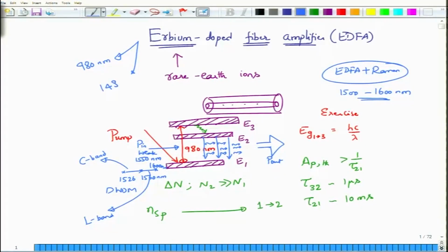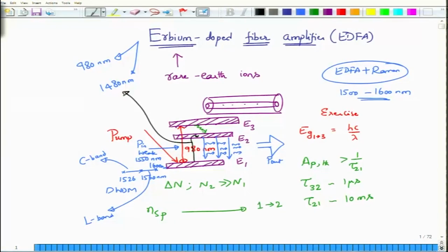However, there is another pumping level, which is 1480 nanometer, which takes these ions from the ground state directly and dumps them in the energy level E2. So it will go directly from E1 to E2.